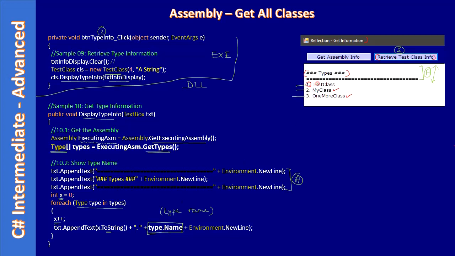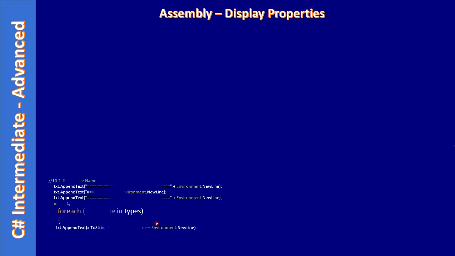Then type.Name, that's the class name, test class, my class, one more class, all those are retrieved by this type name. So here we are displaying the type name, that is a class name.